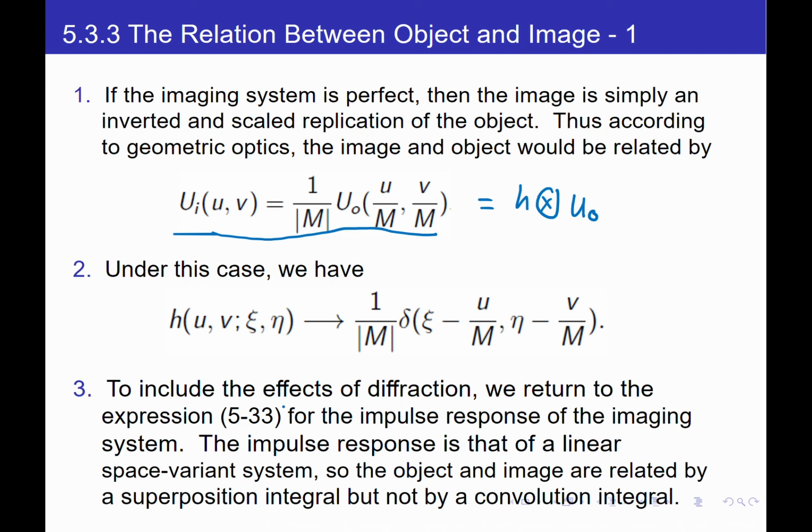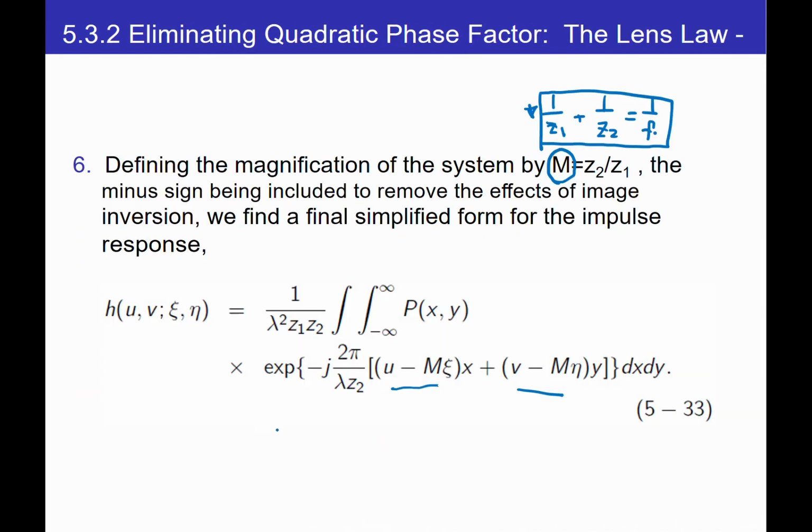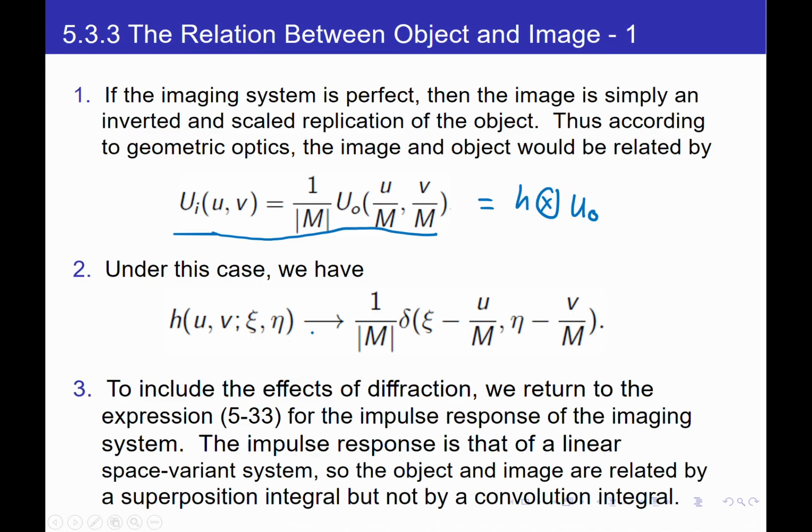To include the effects of diffraction, we return to expression 5.33 here. So this is the ideal or geometrical optics.